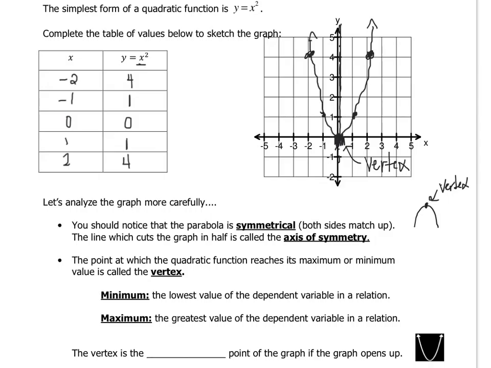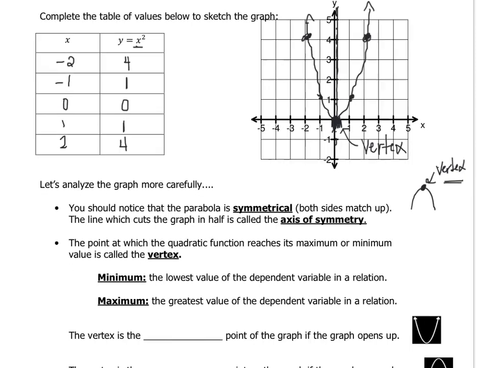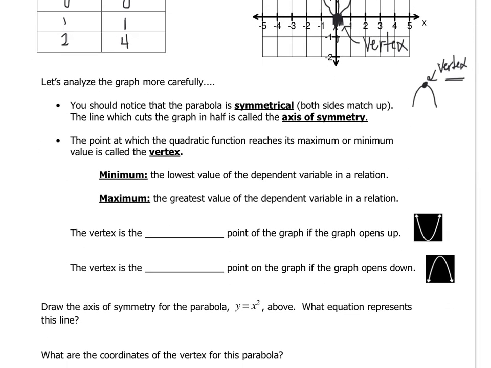The vertex is referred to as a minimum if it's the lowest point on the graph, and a maximum if it's the highest point on the graph. So when a graph opens up, it's going to have a minimum point because the vertex is the lowest point on the graph. And if it opens down, the vertex is the highest point on the graph, so it would be a maximum point.